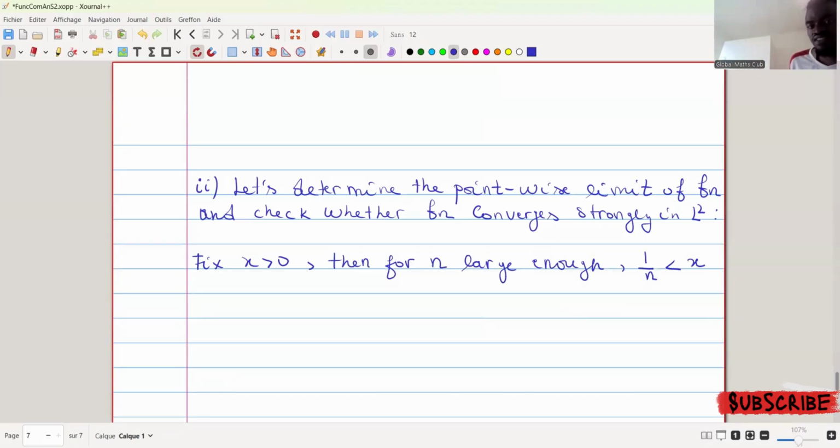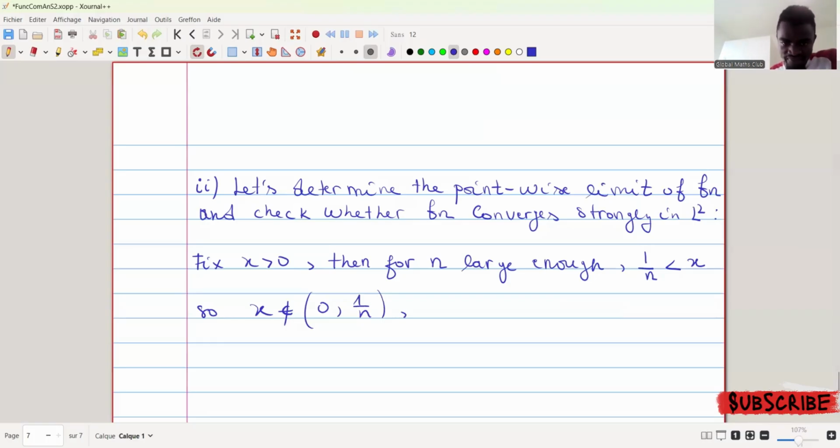Because when n is very large, 1 over n is 0, and 0 is less than x. We are together. So for n large enough, 1 over n is less than x. So what does it mean? It means that x does not belong to this interval, because if 1 over n is less than x, it means that x is greater than 1 over n.